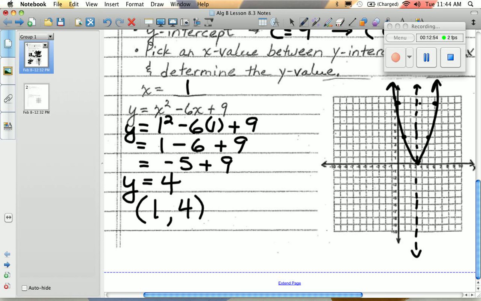You can go outside. You can do when x is equal to 2, or when x is equal to -1. Don't make it fractions, because they're miserable to work with in these equations. You always want to work with integer values for x. So you get to pick those x's. They don't have to be fractions, okay?